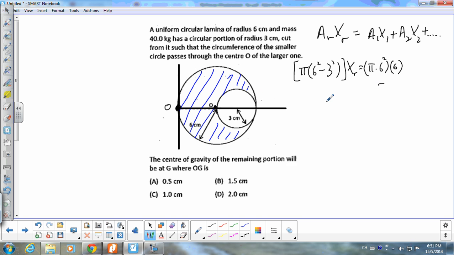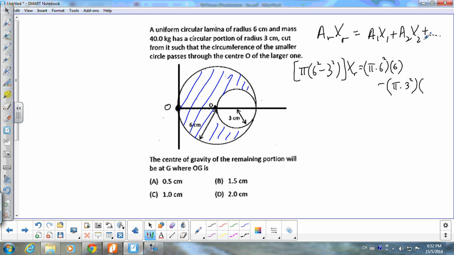Now let's say the A2 is represented by the small area here. What is the area of this small circle? Must be pi times 3 square. Now the tricky part is X2. What is X2? X represents the CG for this area.